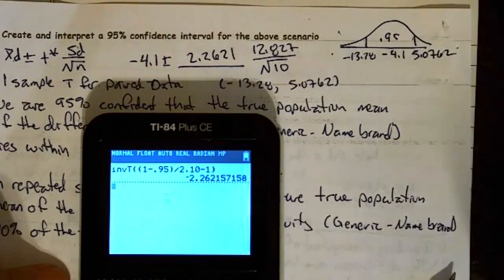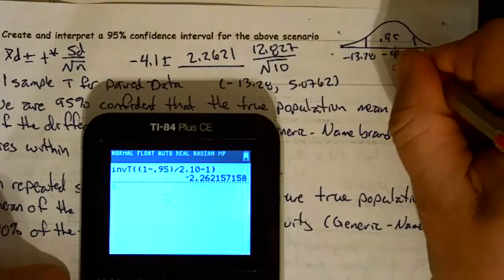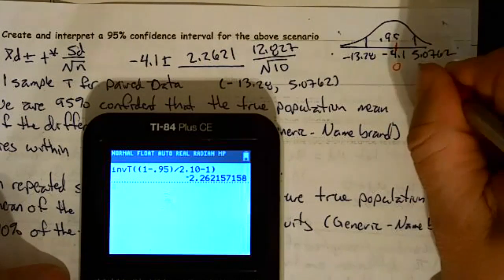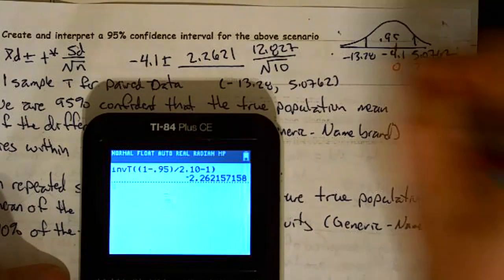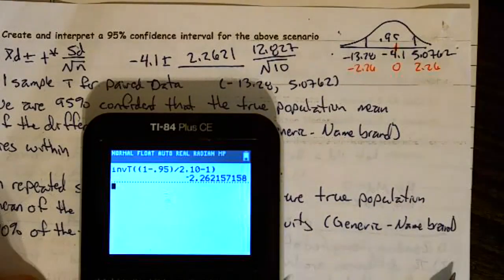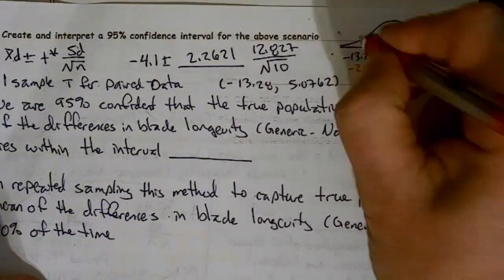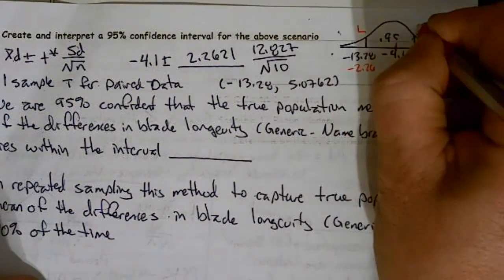And for the T values, the T is centered on 0 always. And we have 2.26 and negative 2.26. Okay, so that's my graph. And we found this is my lower bound and this is my upper bound.